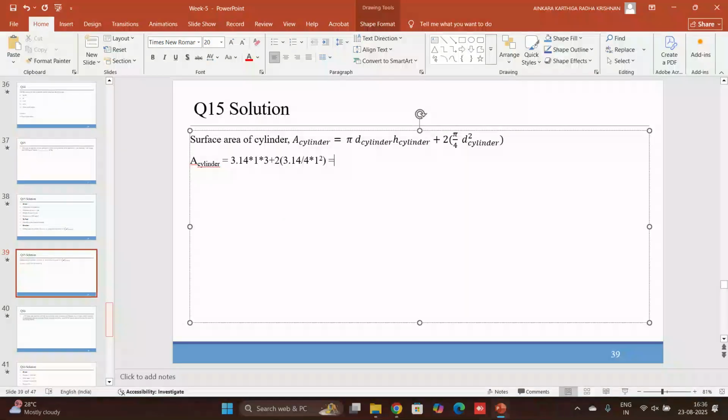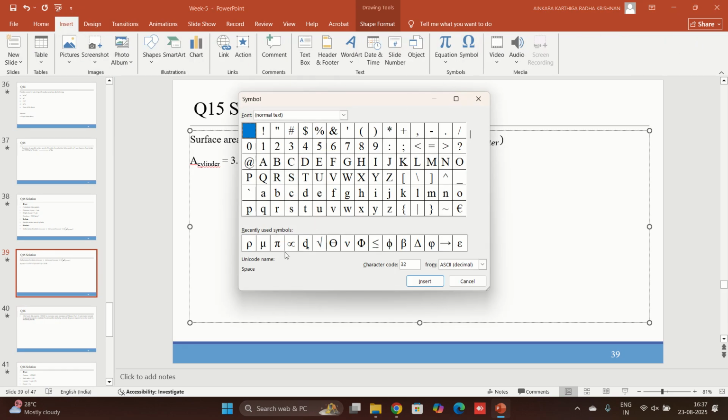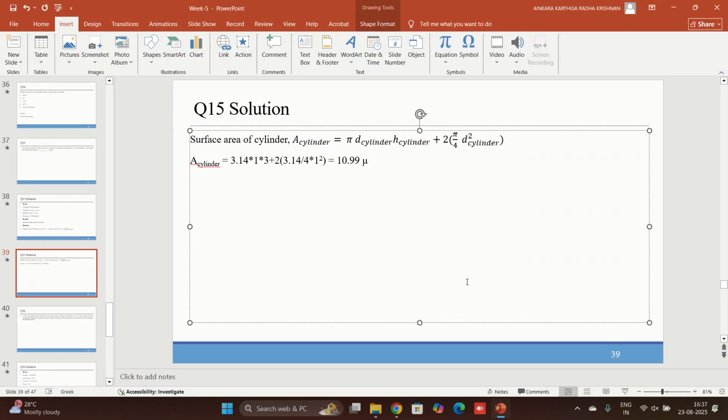So that will give us 3.14 into 3 plus 2 into 3.14 divided by 4, which is 10.99 micrometer square. Now what do we need to calculate? We need to calculate the volume of the cylinder.